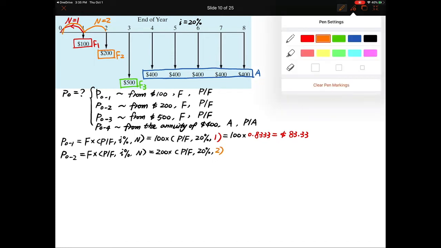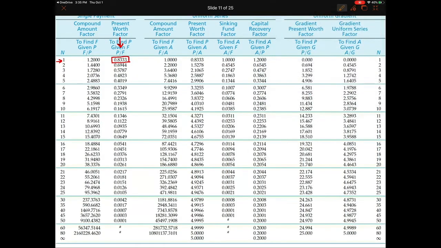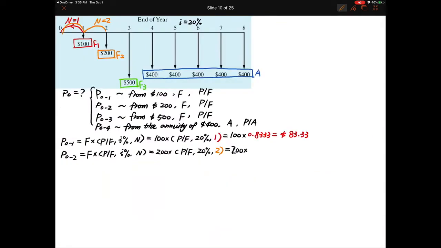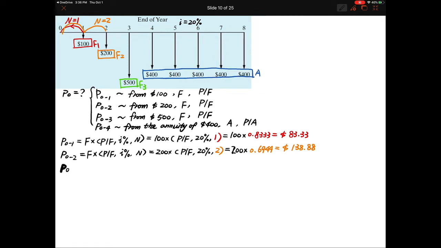So N is 2, okay? So it's 200 times, what is the factor of N is 2? Same column because you're looking for P given F, but it's gonna be the second row. So this is your factor. So it is 0.6944. So it's 138.88.